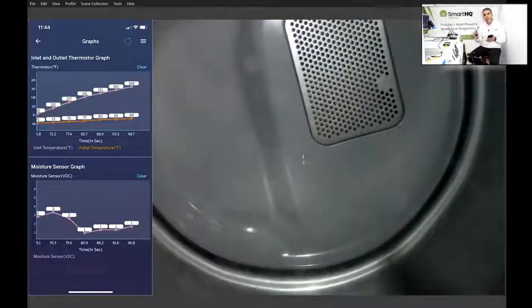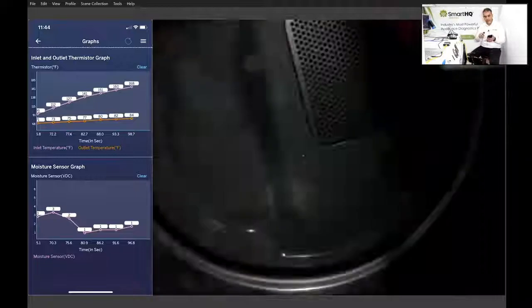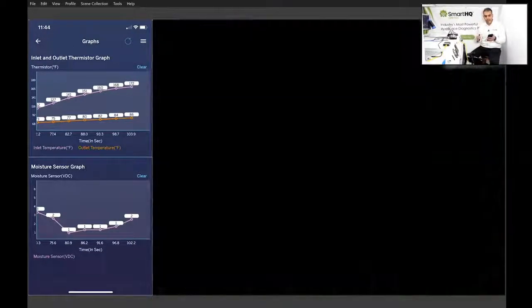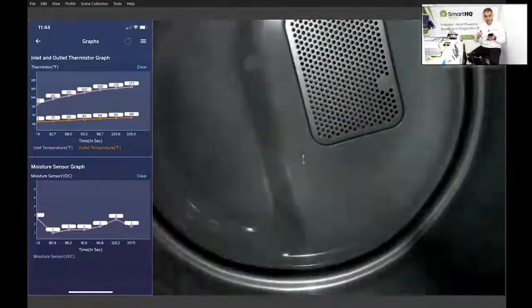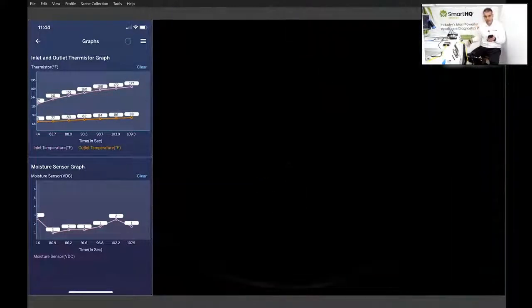Now, if there were a restriction, what I would see after a little while would be that inlet temperature suddenly drop. All right, or I might see my inlet temperature for some reason just begin to rise, even though the clothes are still wet.